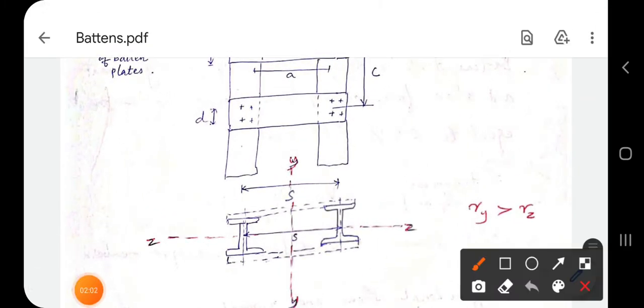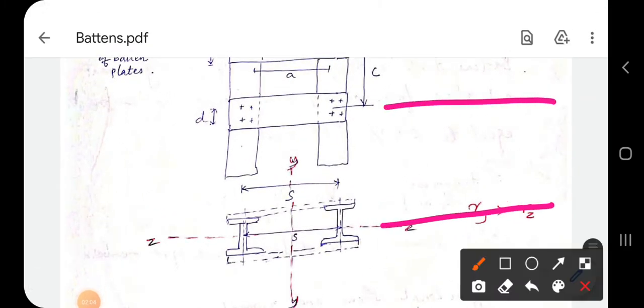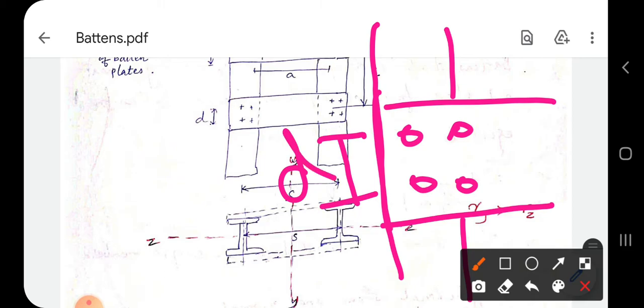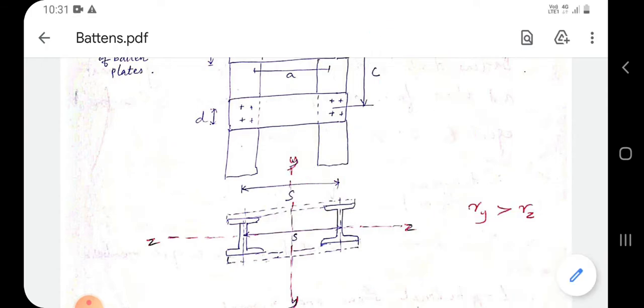If this is the batten plate and it is connected with bolts to the main member, the effective depth is the distance between the outermost bolts in the vertical direction, or the longitudinal direction. Longitudinal direction means the lengthwise direction of the column. So that is the effective depth of battens.